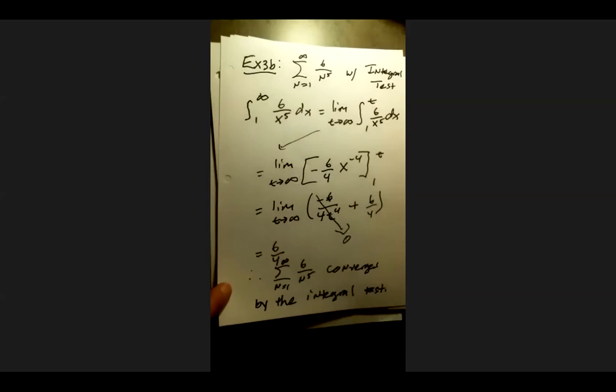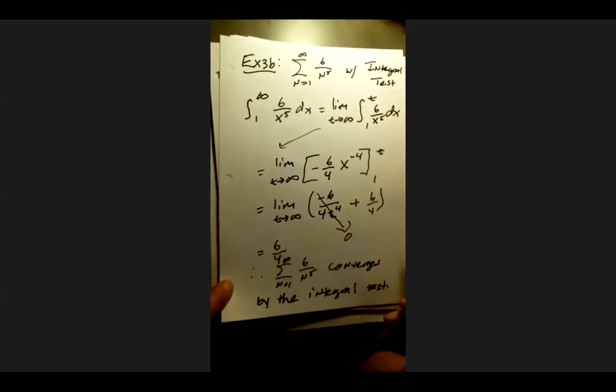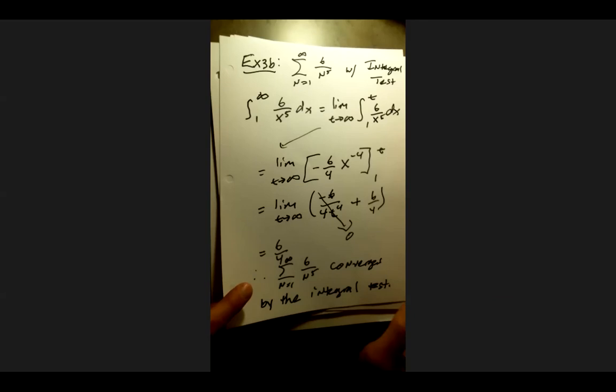When we use the integral test, it required limits and integration, and it wasn't hard, but it definitely was a lot more writing. So this is a good example of why we like the p series. We would prefer identifying something as a p series than using the integral test from scratch.